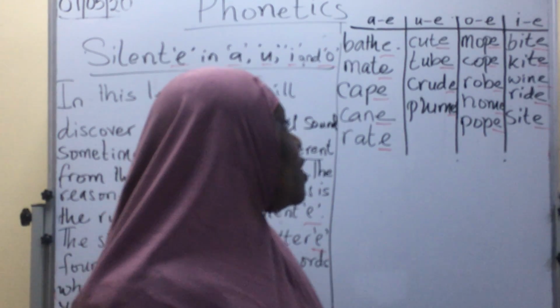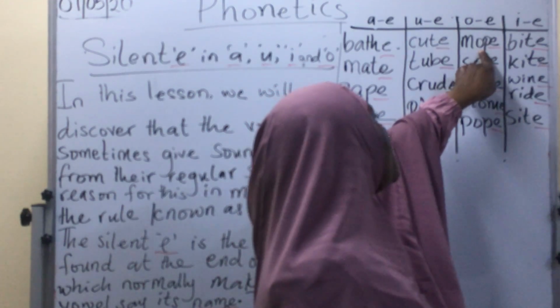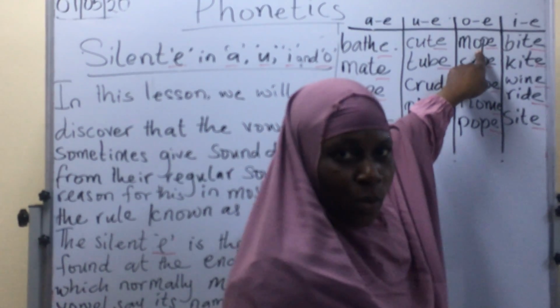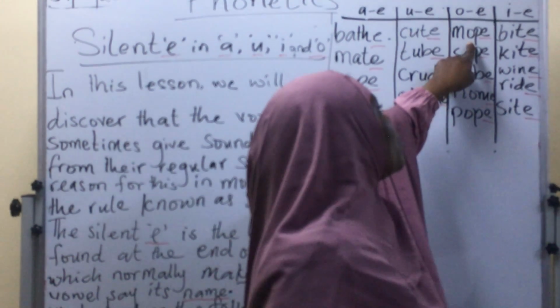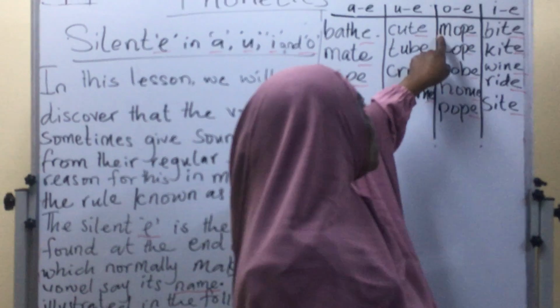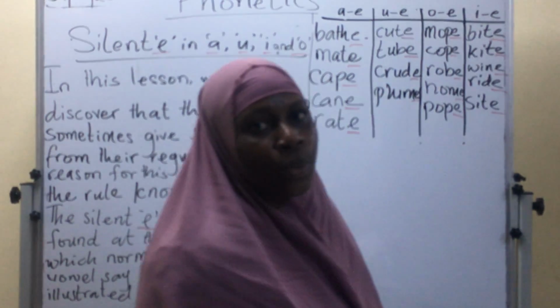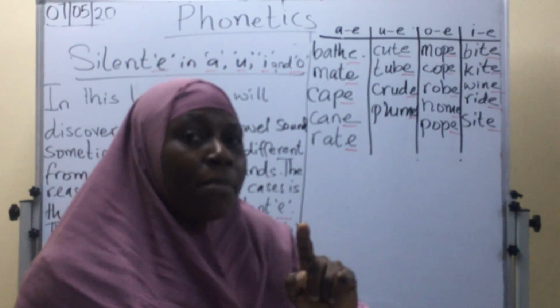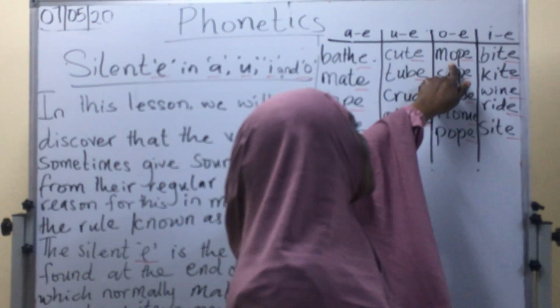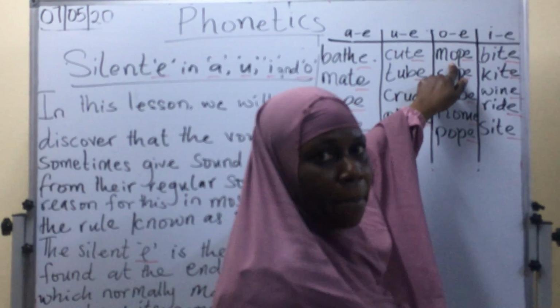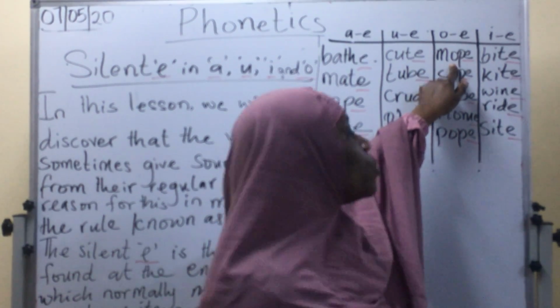But with the silent E, it will give us the name of this letter, not the sound. So the name of this letter will automatically be O. We now have mope. Mope. Remember the E is silent. As a result of that, it is changing this vowel here to say its name, not the sound.